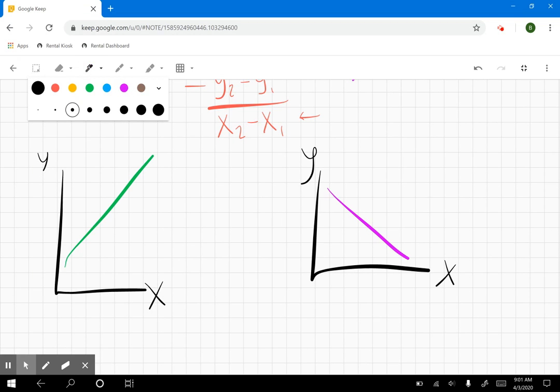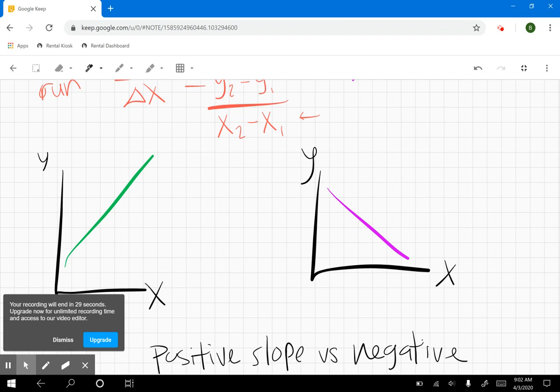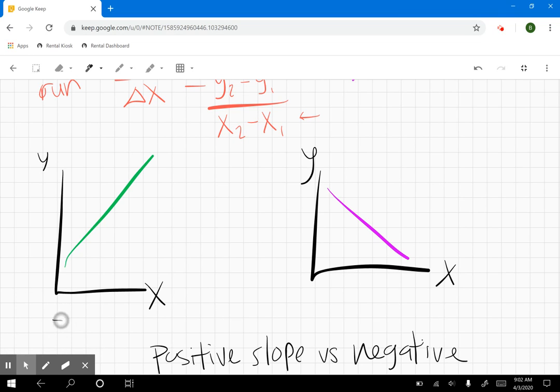So some of you may be thinking this is pretty intuitive, but it's not intuitive for everyone. Okay, so if we want to know if it's positive slope versus negative slope, what you're going to look at is as you travel right, are we going to be going up or are we going down?